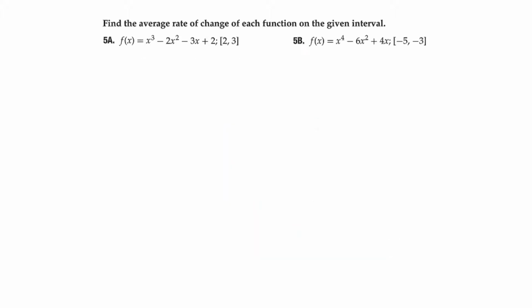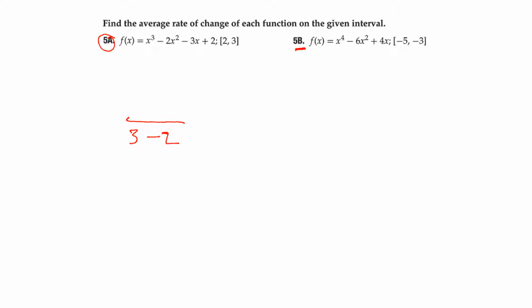All right, so let's try this one. I am going to do A, and then you guys can do B to test out your knowledge. All right, so in this problem, I have 2 and 3. So I need to find the slope through 2 and 3. So I'm going to say 3 minus 2 on the bottom.